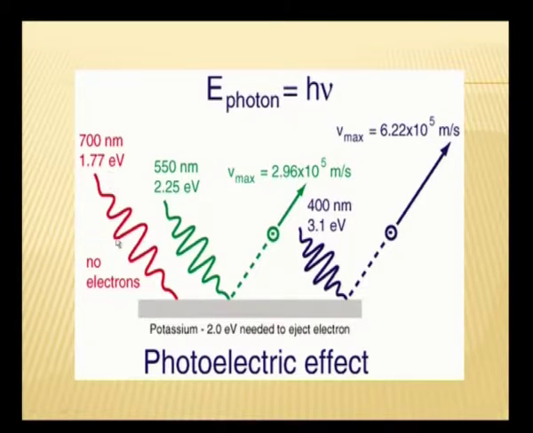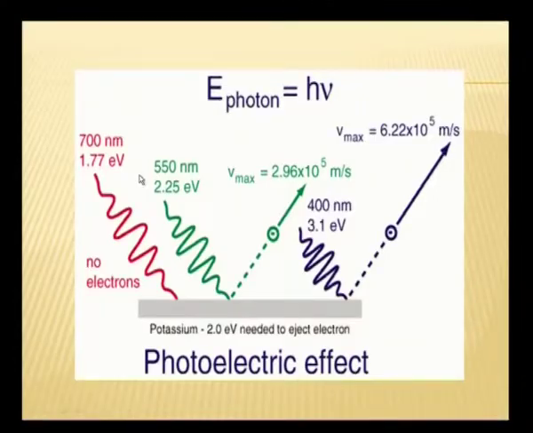Then the important point is no electrons are coming out, there will be no photoelectric effect. So, not every light beam will be able to produce the photoelectric effect. You cannot take any light beam, make it fall on a metal plate and expect the electrons to come out.